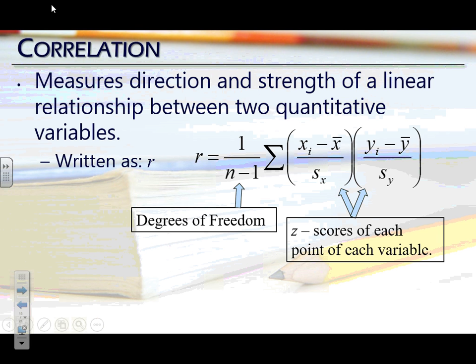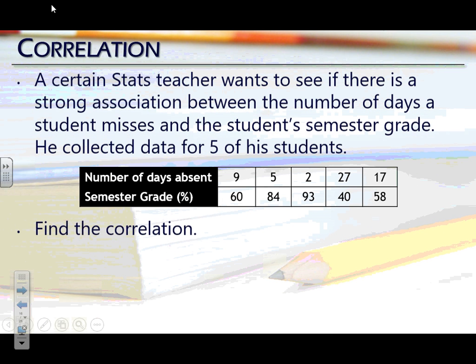So let's get a little practice working through this formula here. So here's an example. A stats teacher wants to see if there's a strong association between the number of days a student misses and the student's semester grade. So he collected data for 5 of his students. He kept track of the number of days absent and then the semester grade.